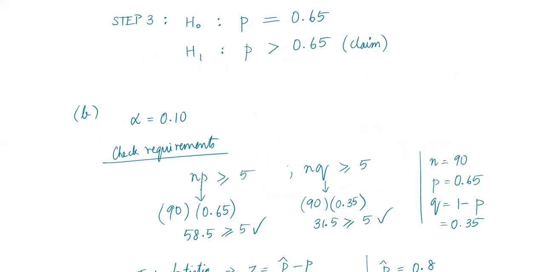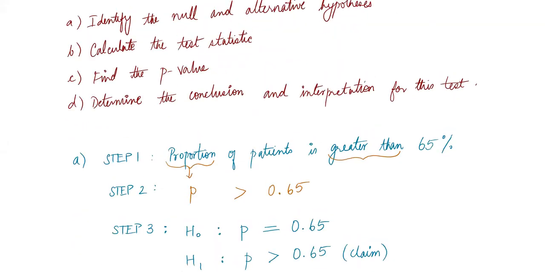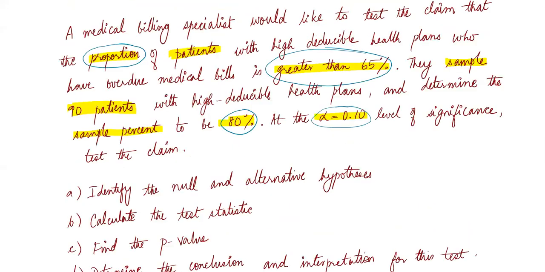Let's come here, okay? So technically speaking, this x stands for the number of successes. In this case, the number of successes would be the number of patients with that high deductible plan that showed the sample percent to be 80%. So this is to do with the sample. So focus on the bottom part, sample.